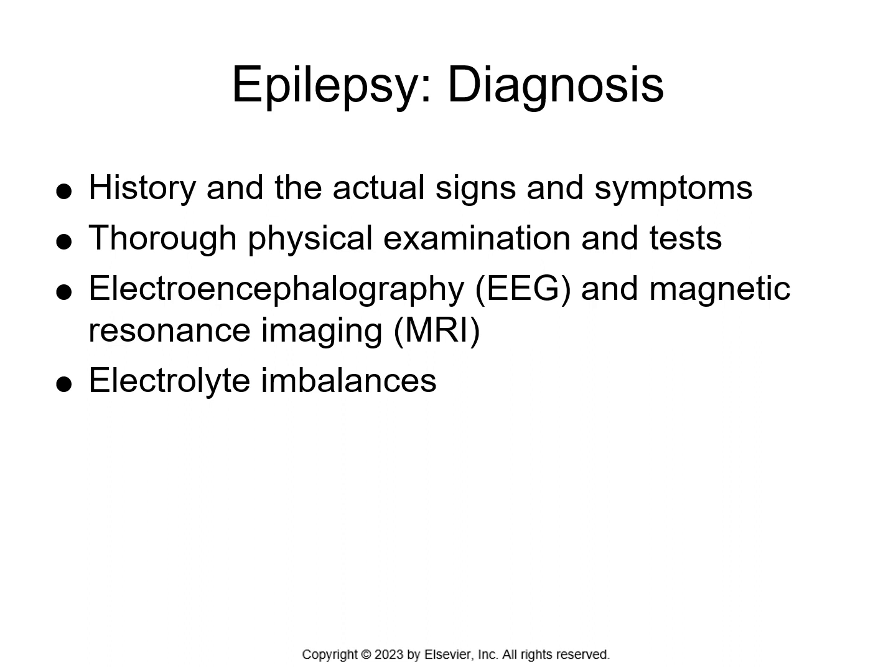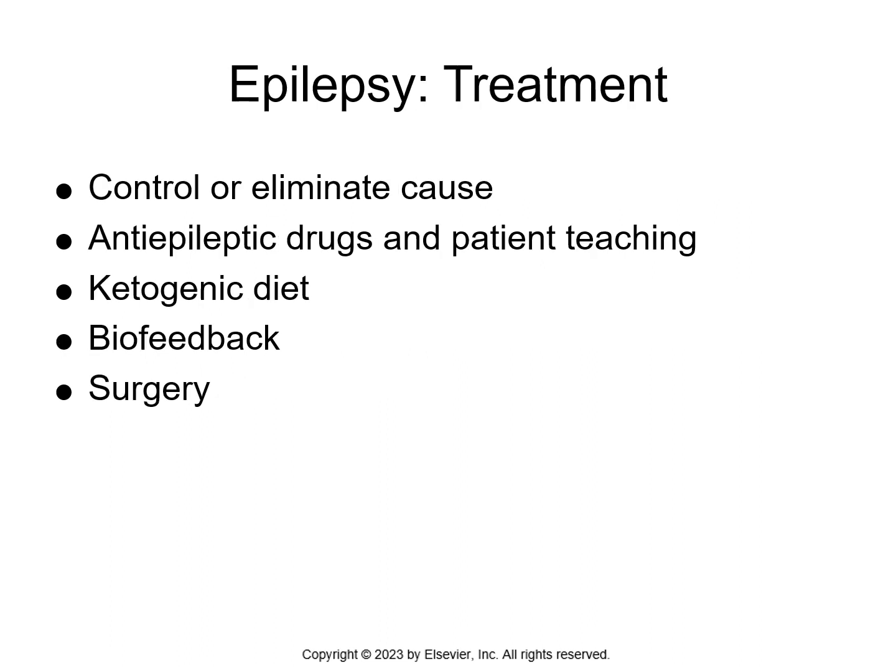So we can look at the brain and see what we see, which can trigger or identify seizure activity. Also looking at labs, electrolyte imbalances can bring on seizures. And if there are certain imbalances, we need to, of course, correct those. It goes back to your fluid and electrolyte lecture, but we definitely need to be looking at these things.